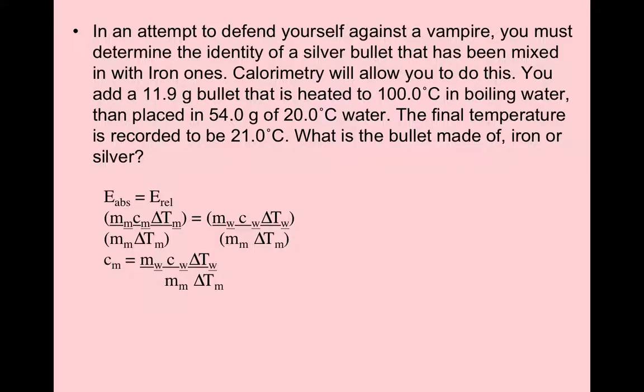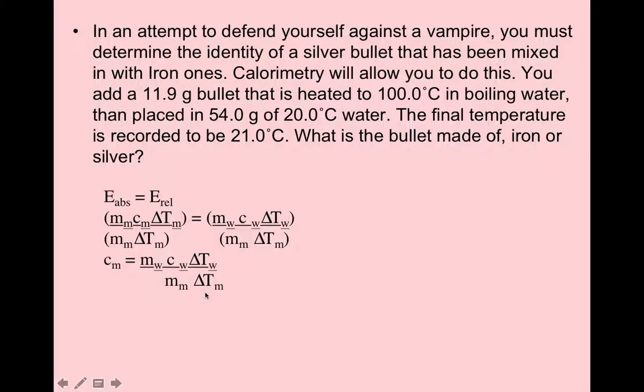We'll also then get the delta T of the water. That's going to be the final temperature of the water. So the water heated up to 21.0 degrees Celsius from 20.0 degrees Celsius. So you're going to take 21 minus 20 there, and so we get 1 degree Celsius for the change in temperature of the water. On the bottom then, the mass of the metal, that's 11.9 grams.